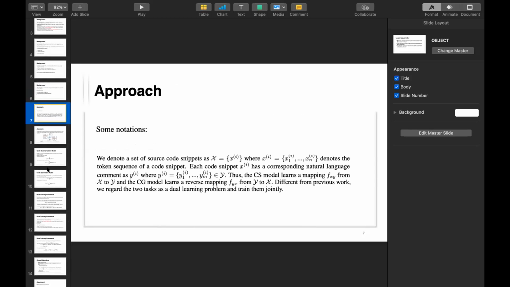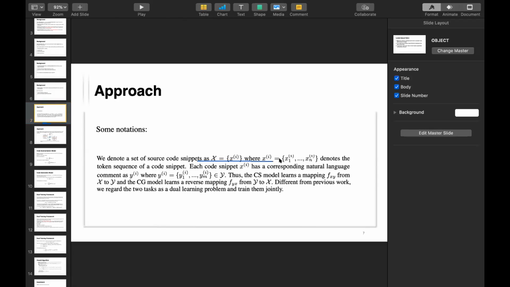So this paper adopts dual learning to train code summarization and code generation at the same time as dual tasks. We introduce some notation here first. We denote the set of source code snippets as X, where x_i is the token sequence of a code snippet.